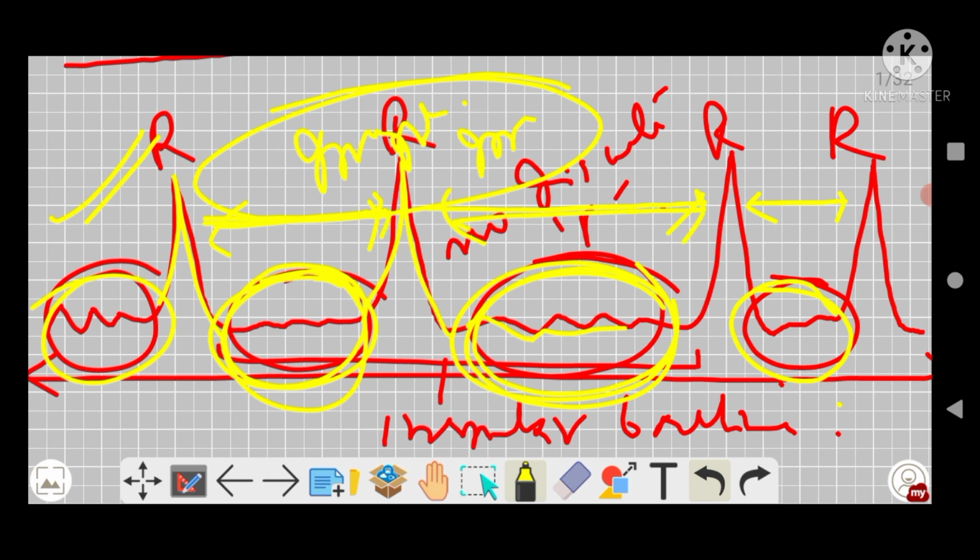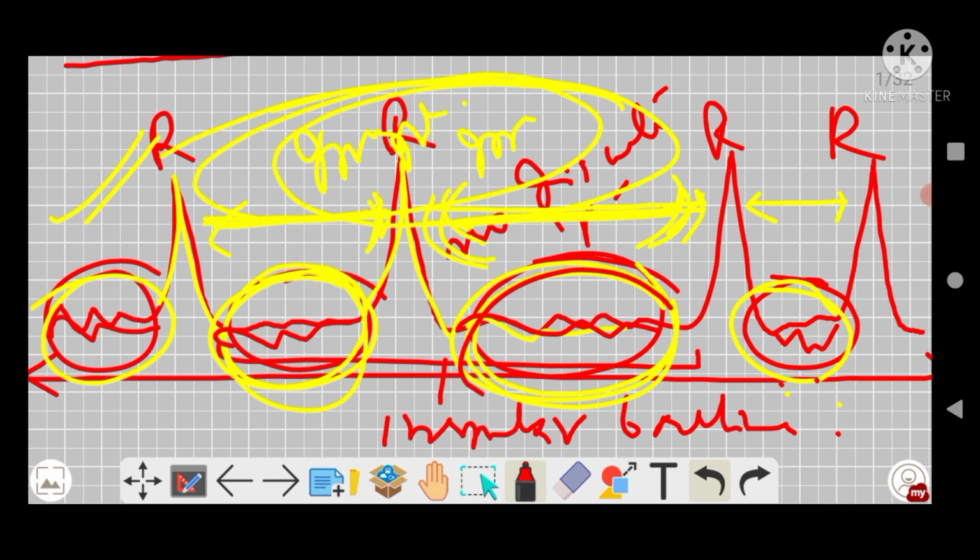One is near, one is far, so the distance is not regular, and we can say it is an irregular rhythm. The baseline also is sometimes flat, sometimes more wavy, so the baseline is irregular too. With all these features, this shows that this is a tracing of atrial fibrillation.